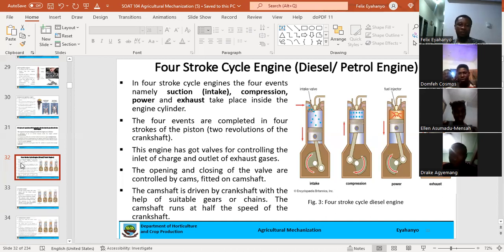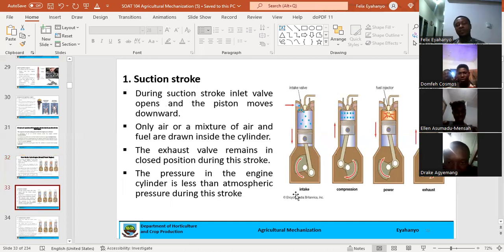They open and then they close. Now, during the suction or intake stroke for diesel engines, the piston moves downwards, but what moves in is only air when you are dealing with diesel, or a mixture of air and fuel when you're dealing with petrol.